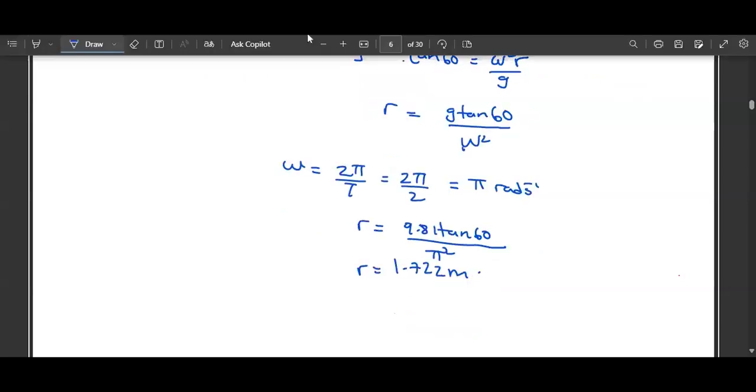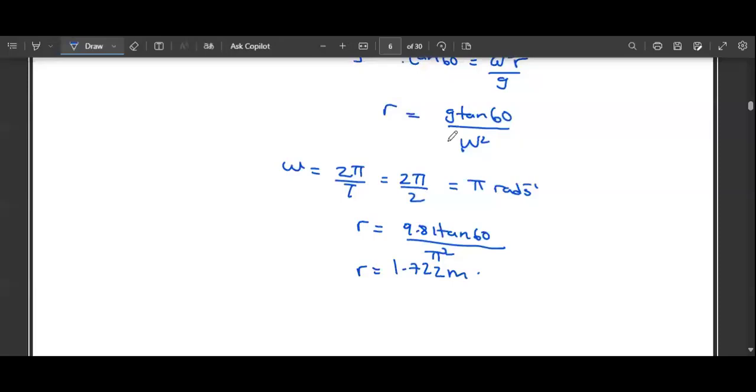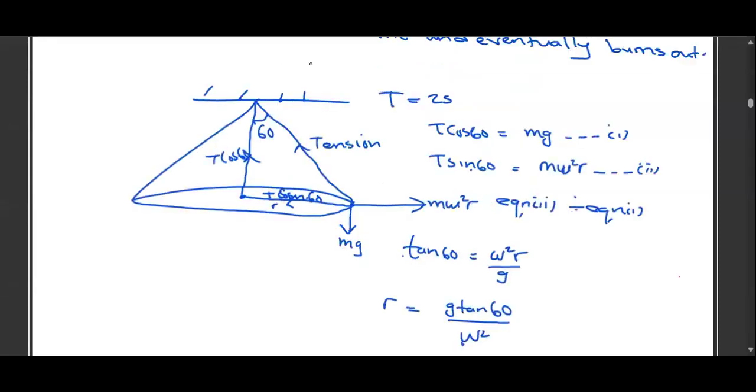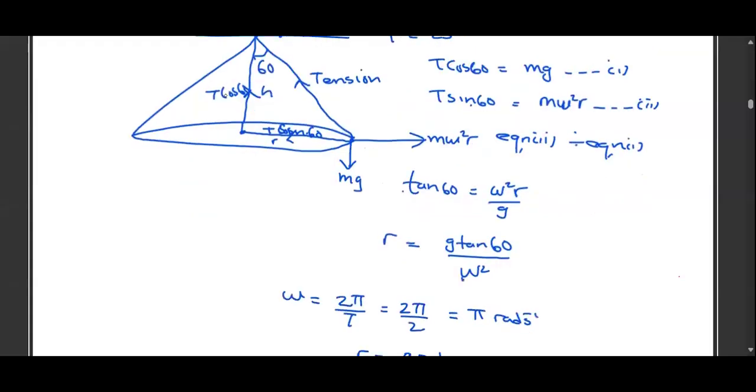Now, the first part, they're asking us to find the vertical height of the point of suspension above the circle. They want us to come up with this h. Let us use the tan.